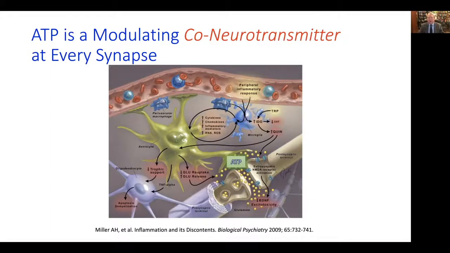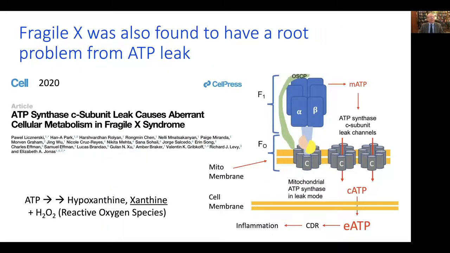Okay, so the more ATP released with the neurotransmitter, the greater the postsynaptic response. Okay. Just recently in this year, it's been found that even Fragile X has a root problem with ATP leak.